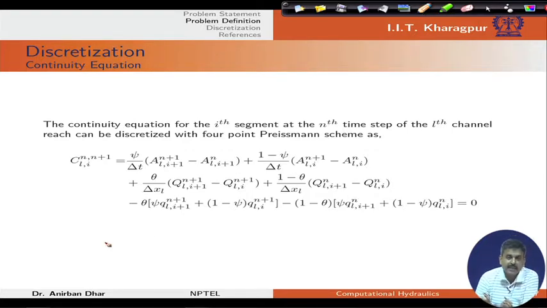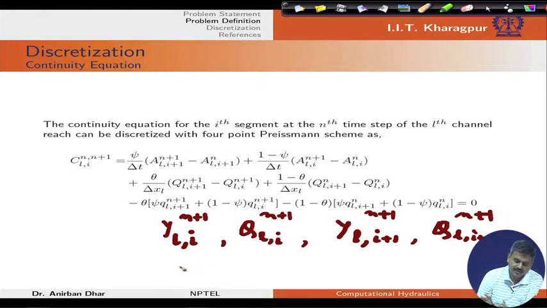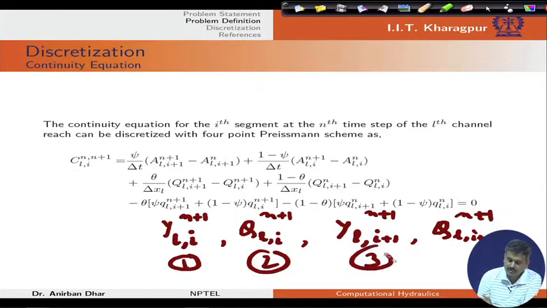For any segment, we have variables y l, for the lth segment I, n plus 1, then q l I n plus 1, then y l I plus 1 n plus 1, and q l I plus 1 n plus 1. These are 4 variables: 1, 2, 3 and 4.